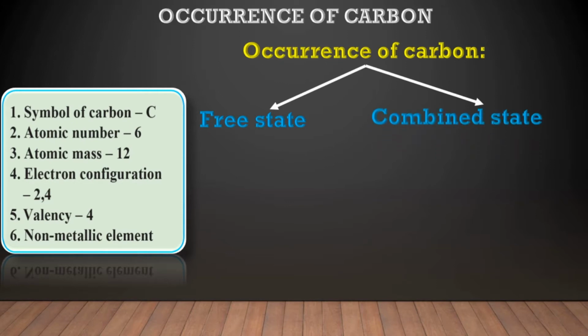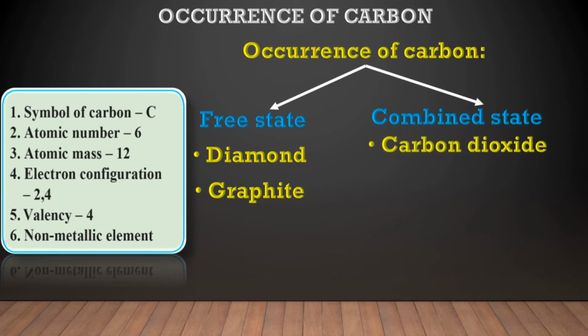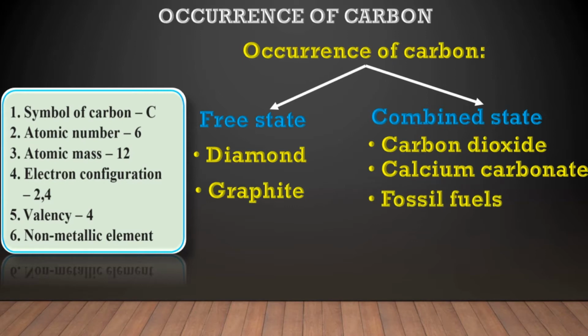Carbon in the free state is found as diamond and graphite, and in the combined state it is found as carbon dioxide and in the form of carbonates such as calcium carbonate, marble, etc. Also, carbon is there in the fossil fuels, for example, coal, petroleum, natural gas, etc. All the carbonaceous nutrients like carbohydrates, proteins, and fats contain carbon.